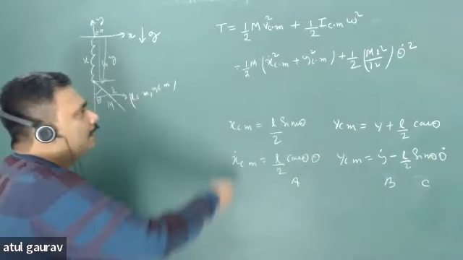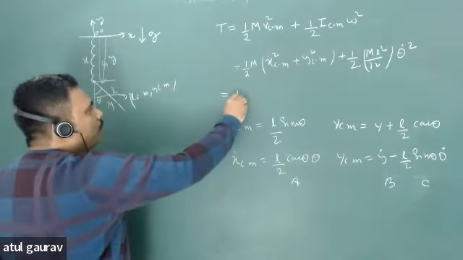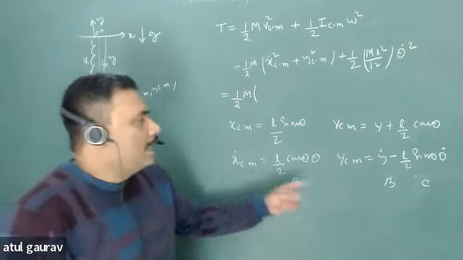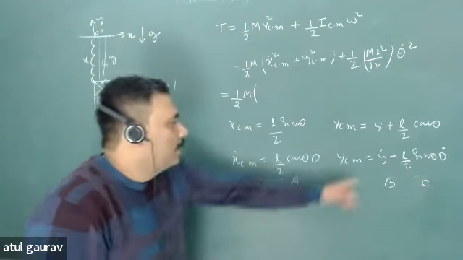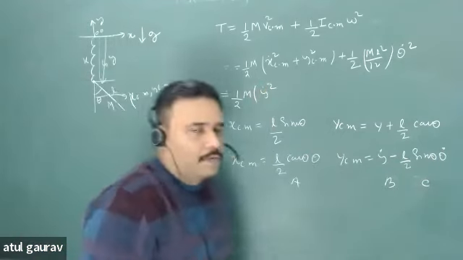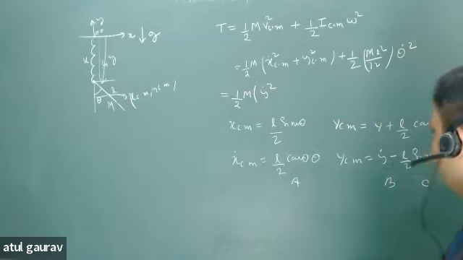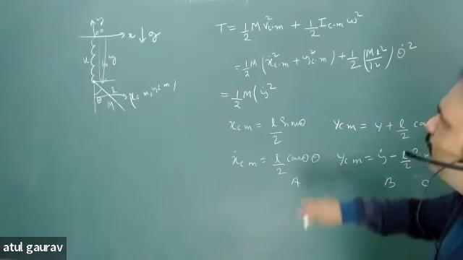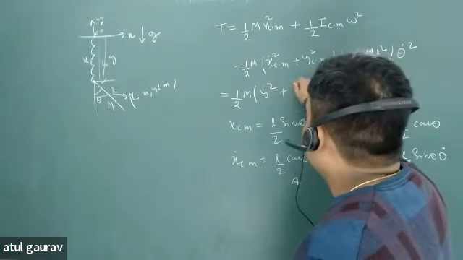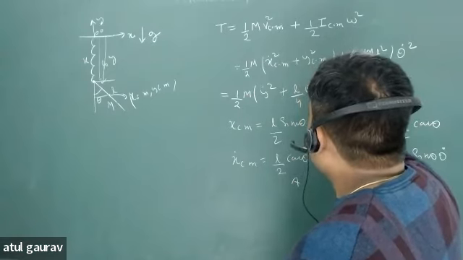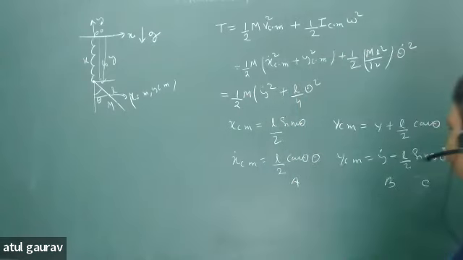So can I write, just check whether I am correct or false. Half m, so this square plus this square. First, y dot square will always be there. Yes or no? Yes, sir. And you have this square plus this square, which is equal to L square by 4 theta dot square. Yes.